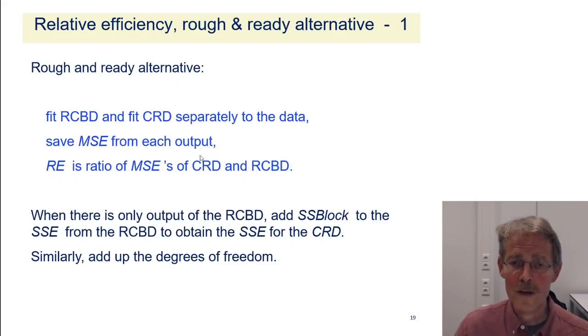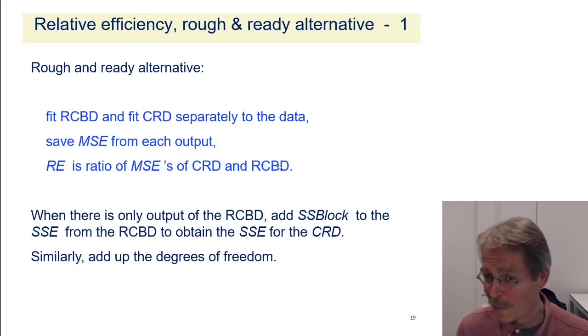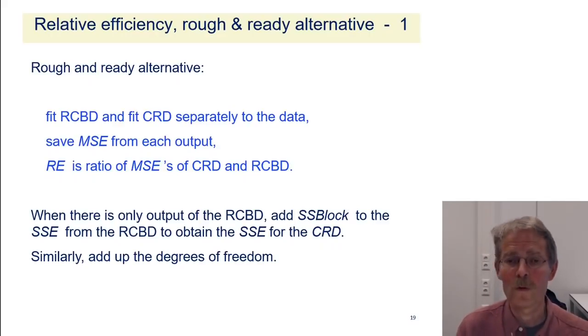So the ratio of the one under completely randomized design and under the randomized complete block design. The mean square here will be bigger than here because blocking takes out part of the error variation after all. This is intuitively, I guess, more appealing because the MSEs are the estimates for the error variance under both situations, and you're simply checking by this ratio how much the error variance is reduced by introducing blocks.